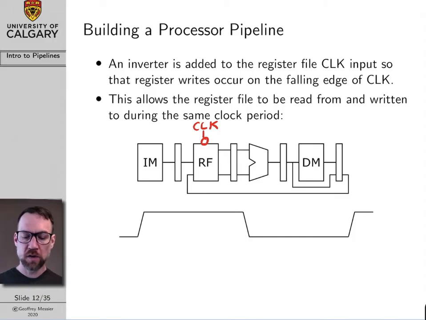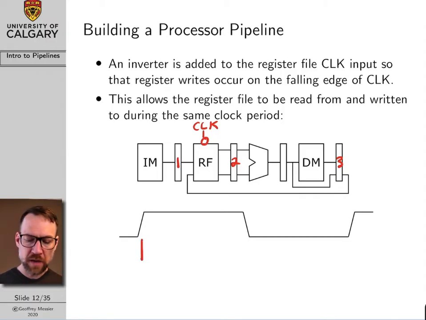Now, with the addition of this inverter, the register is going to be written on the falling edge of the clock. And this is basically to make it compatible with the pipeline registers that we've added. And so I'm going to number these pipeline registers. Let's call this first one register 1, 2, and I'll call this other one 3.